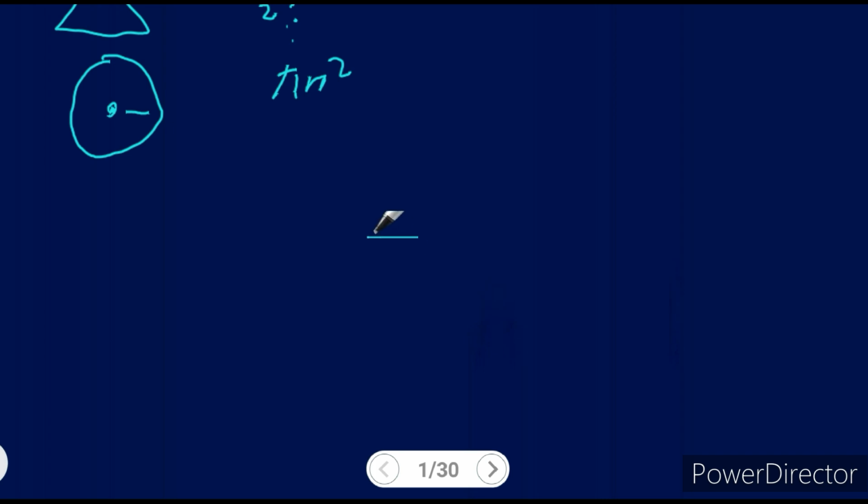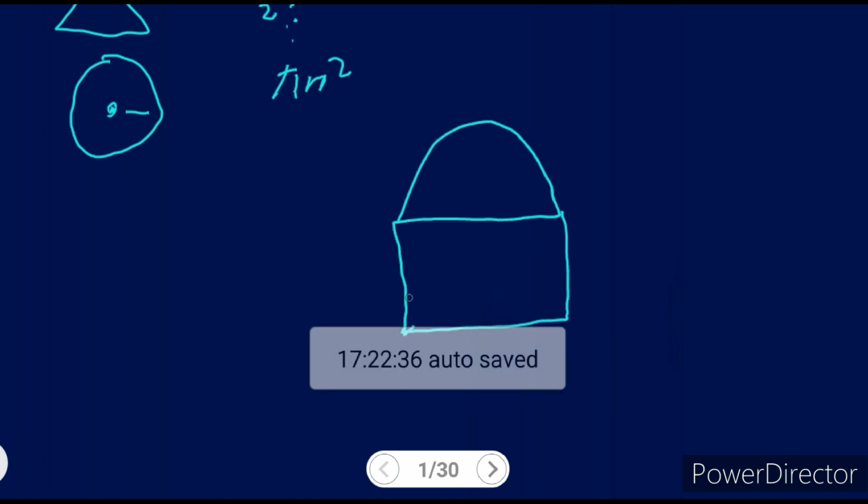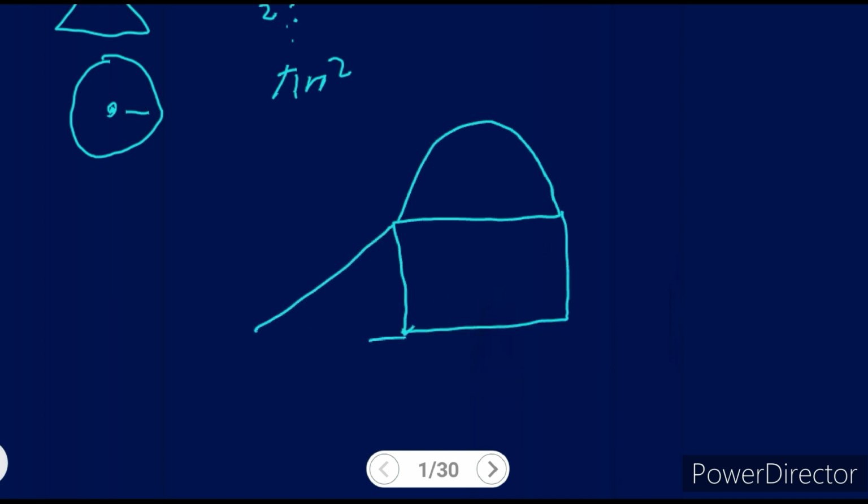So sometimes we do not have a combination of two shapes. Okay, let's deal with one combination of two shapes first. So sometimes we have something like this. Let's just say you are given a weird shape and you're told that this side is the same as this side.